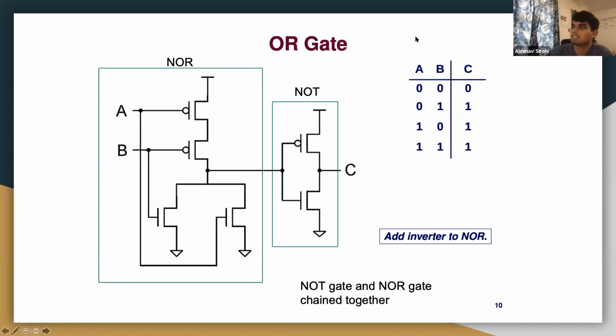So if we take the NOR gate we just had and give the output of that to a NOT gate, we'll basically get an OR gate. So we just invert the result of the NOR and chain them together. And then we can satisfy this truth table here, which corresponds to OR.